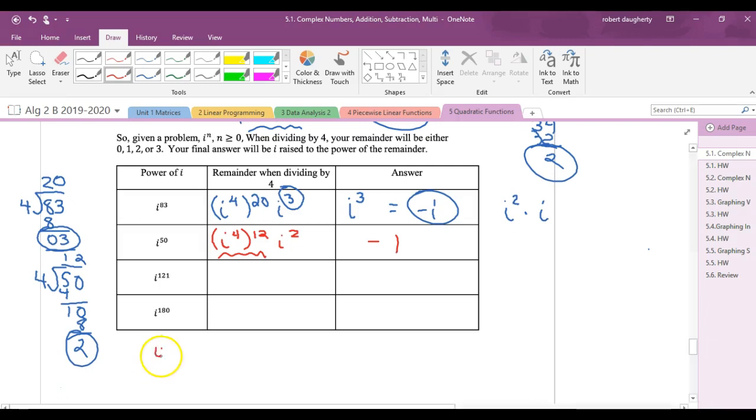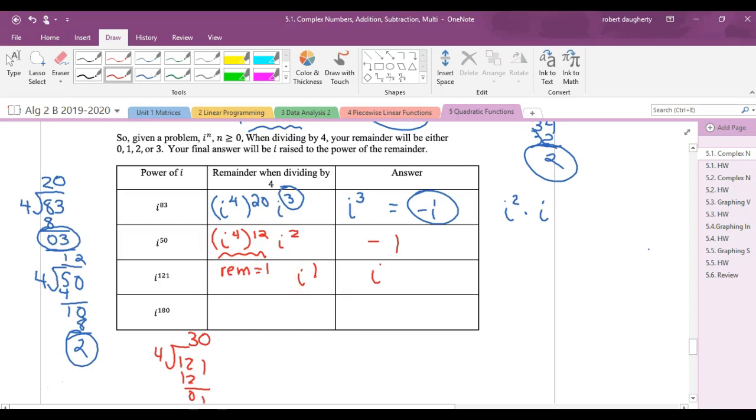So what happens when you divide 4 into 121? It goes into there 30 times. And my remainder is 1. So this is what? This is i because my remainder is 1. So this is just i to the 1.